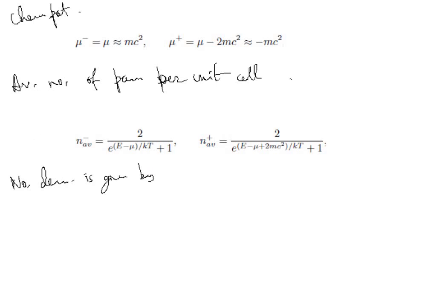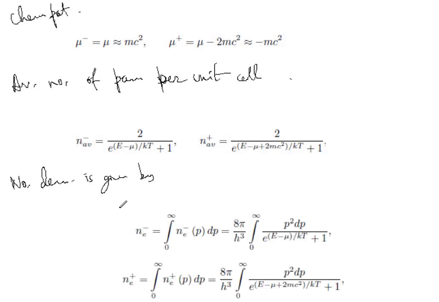for both of them, let me write down the number density. How does it look like? You will see again they are quite similar to each other. Just this mu change, where the negative sign corresponds to electron and the positive sign corresponds to positrons respectively, right?